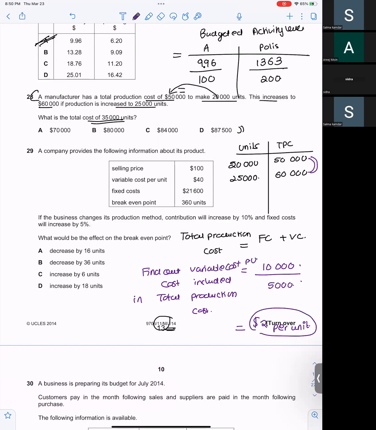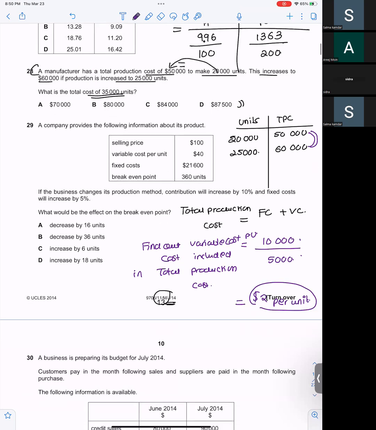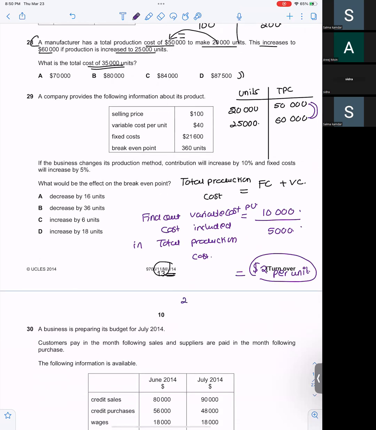Are you with me? Yes, miss. Okay, fine. If variable cost per unit is $2, so 20,000 into $2 will give me 40,000. This is the total variable cost. So tell me what will be the total fixed cost?